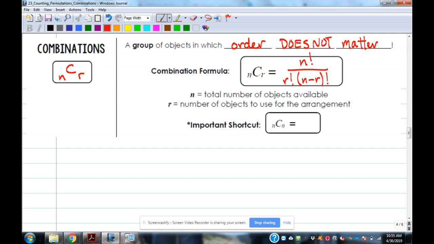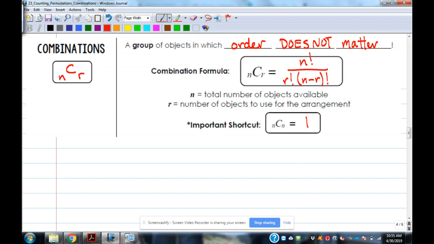Now, if I wanted to find how many ways could I rank the top 4 students in the classroom, that's a permutation. So there's a difference in forming groups and rankings or orders. Okay, so combinations, order does not matter. On the shortcut there, if you're trying to find combinations of the same number of things, it's just 1.